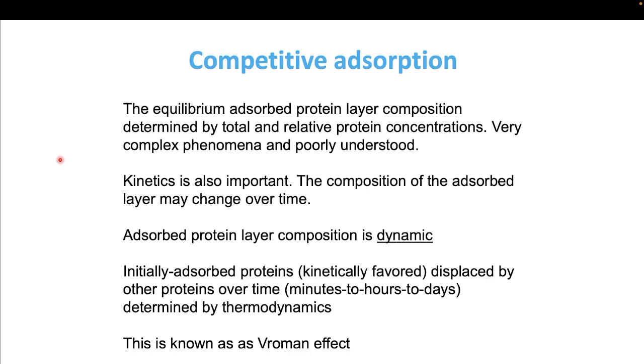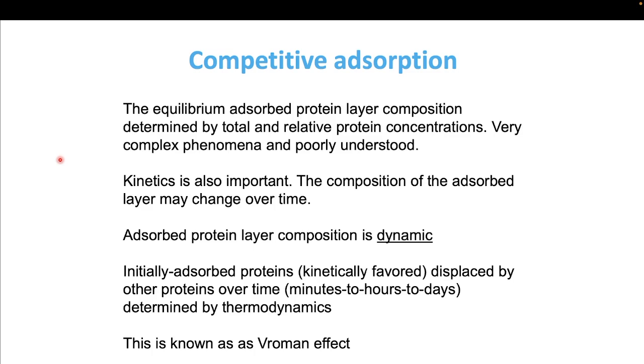So the first phenomenon was kinetically favored, because it depended upon which protein had the highest concentration. More number, they immediately took over the surface. That is the kinetically favored protein absorption. Later on, the more stable ones, the proteins which had very high adsorption to the surface, started adsorbing.